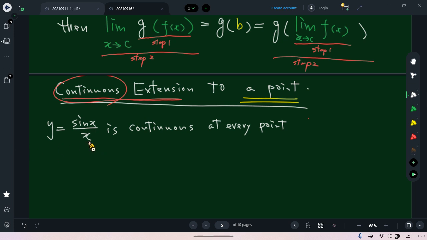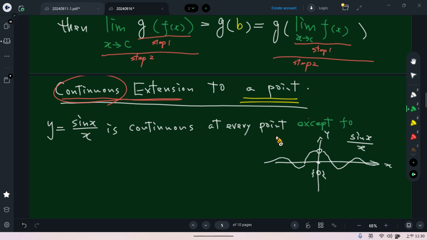Because its original domain will not include 0. Do you remember last time I also drew the figure for you? The figure is just like this one. This is sin x over x. So 0 here is not included in its domain. So of course it's a continuous function. So sin x over x is continuous at every point except for 0.